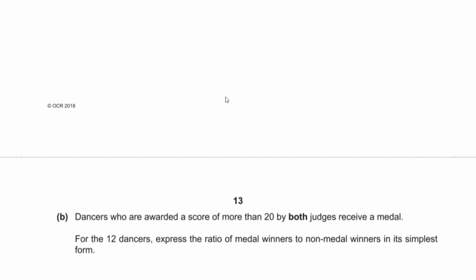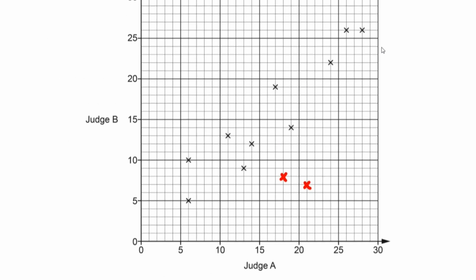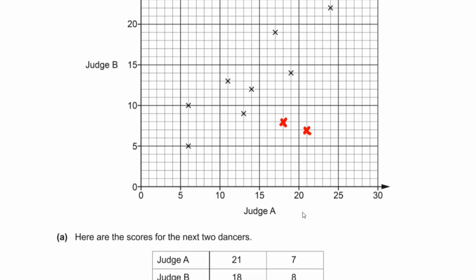Then for part B, dancers who are awarded a score of more than 20 by both judges receive a medal. For the 12 dancers, express the ratio of medal winners to non-medal winners in its simplest form. So we want more than 20. So how many are more than 20 by both judges?